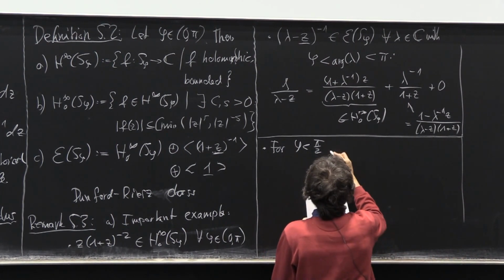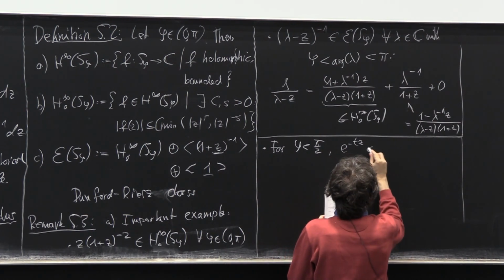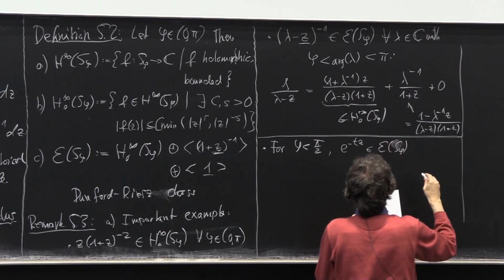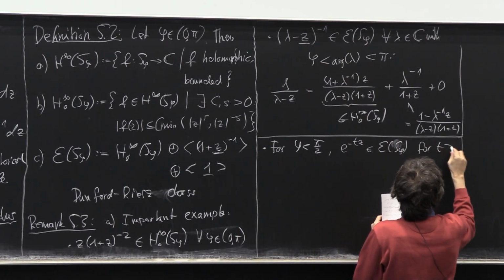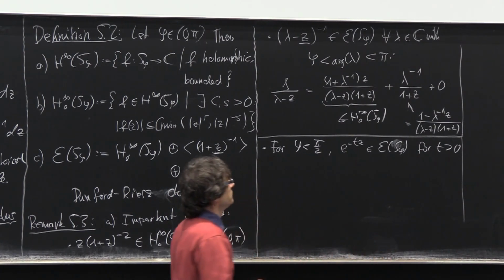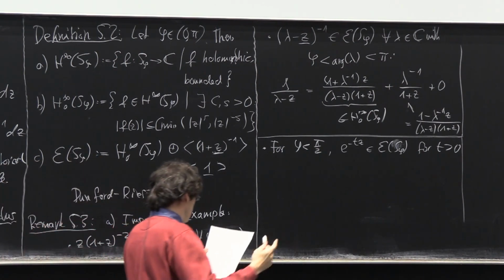And then I claim the function e to the minus tz is also in the Dunford-Rees class for every t positive. It's obviously not an H0 infinity function because in 0 it's 1. So there's no decay going to 0.